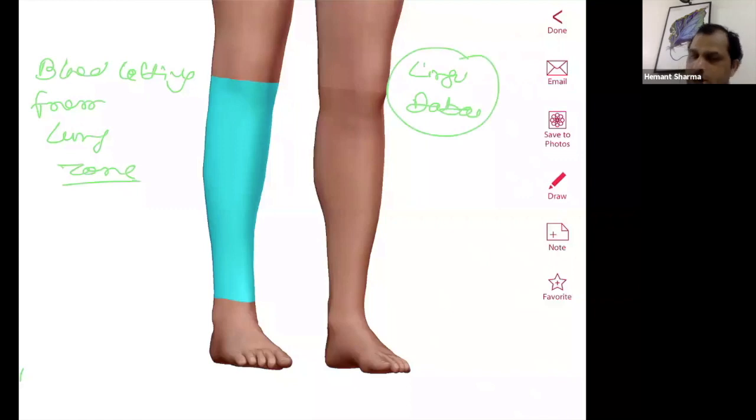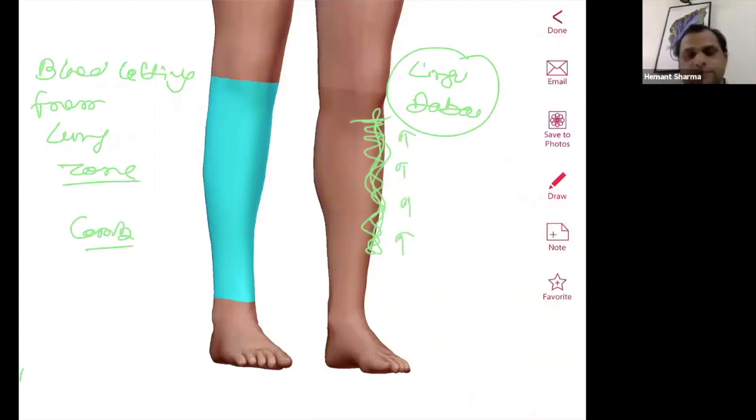Now, if some of you say, oh, I can't take out the blood, then take a comb and do scraping in this area, in the upward direction. That also brings the effect of sedation.